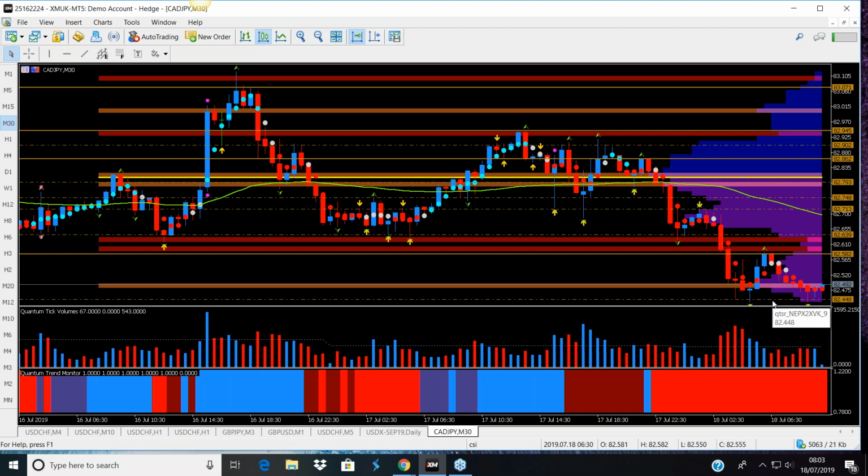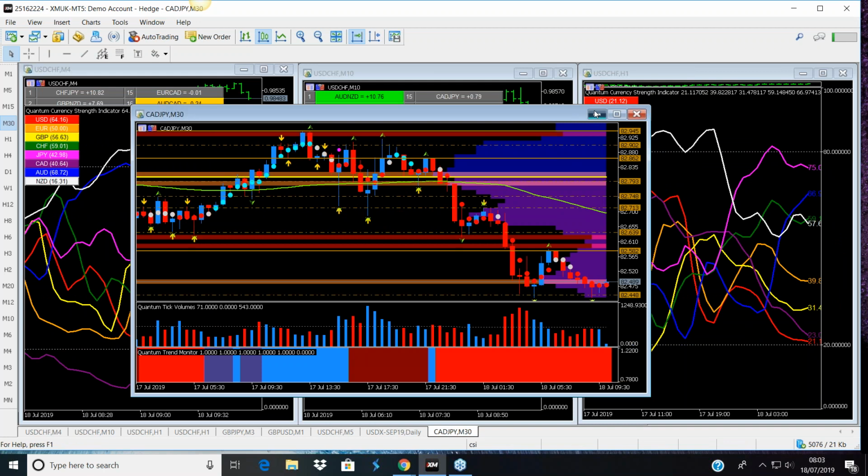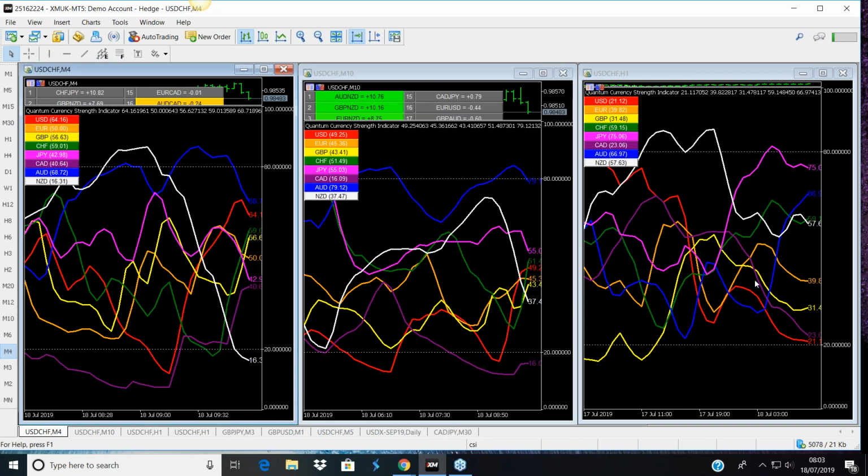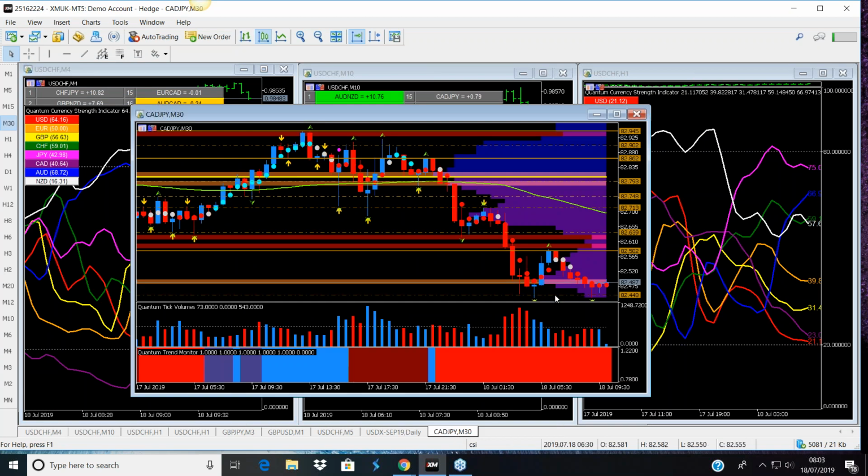So what we're looking for is a break of 82.44. At the moment on the CAD yen, it is basing at 82.44. But if it is going to continue, as we can see here on the hourly CSI, where the Aussie is going to carry on higher and the Canadian is going to carry on lower, it's got to break this support platform.